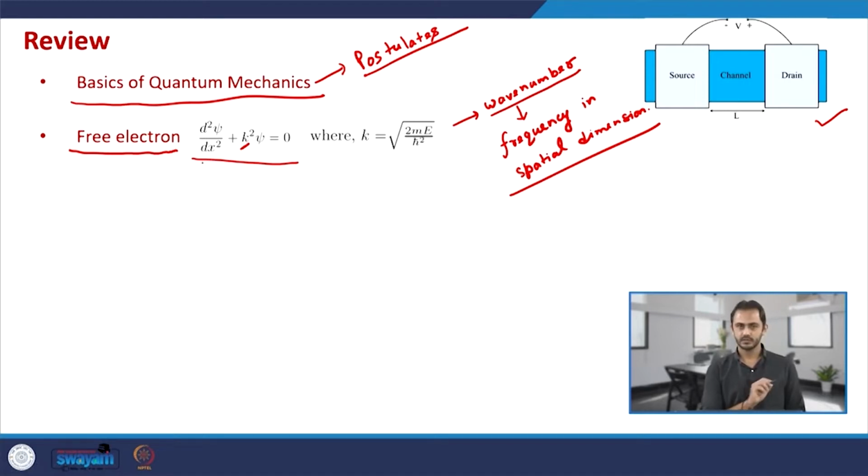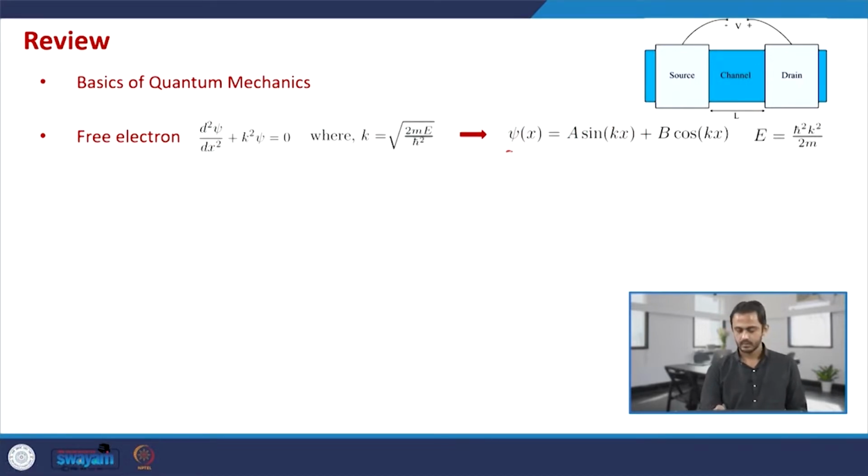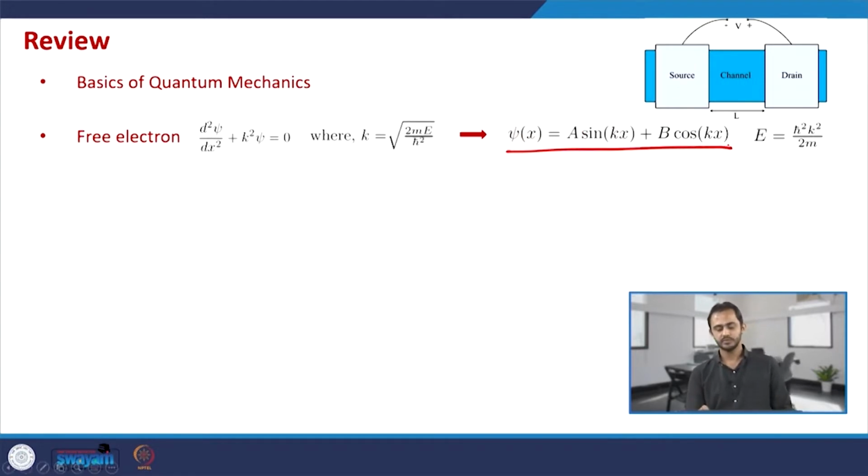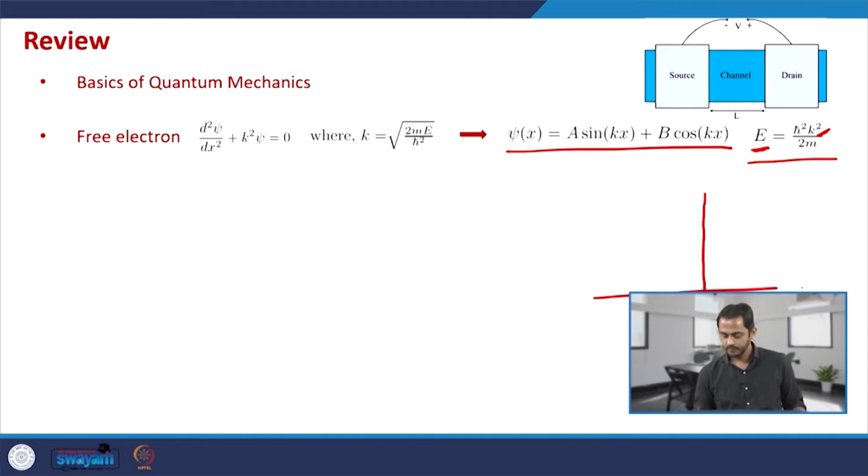For a free electron, when the electron is free from all interactions, the electron wave function looks like a sinusoidal, just a plane wave where the wave function is a superposition of sine and cosine. In this case, the relationship between the energy of the electron and the wave number is a parabolic relationship. So for a free particle, if we plot the E-k relationship, it is a parabola around the E axis.